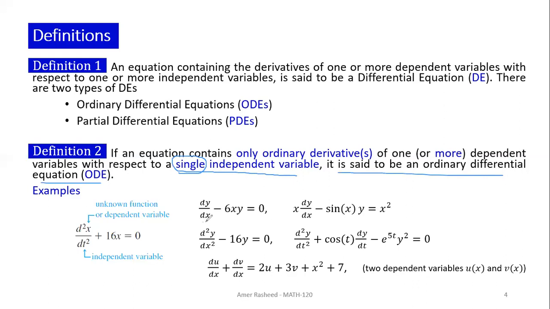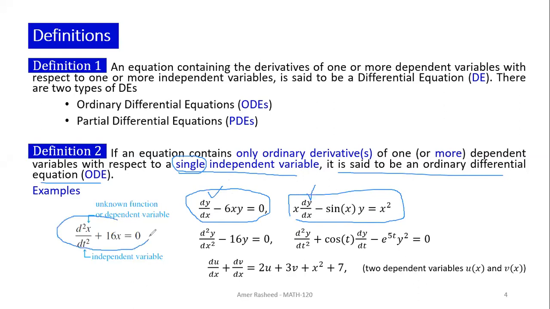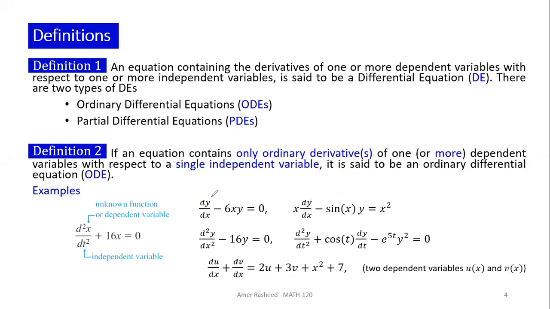Now, the examples are this one, which we had derived on slide number 1. This is a differential equation. It involves only dy by dx, ordinary derivatives. This is again a differential equation. You can see here that y is not always the dependent variable.